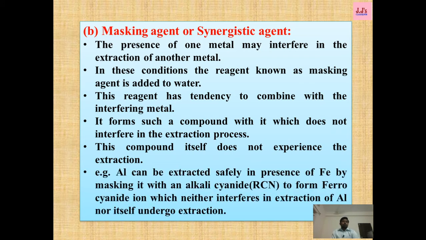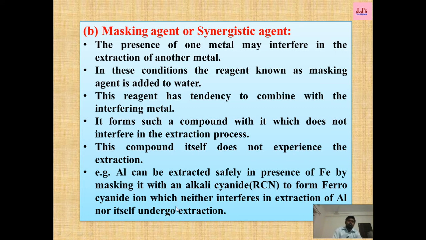A well-known example is given to you. If in the solution you have two metals, aluminium and iron, and you want to extract aluminium only in the presence of iron, then you add alkali cyanide, RCN. It forms ferrocyanide with the iron, which neither interferes in the extraction of aluminium nor itself undergoes extraction.